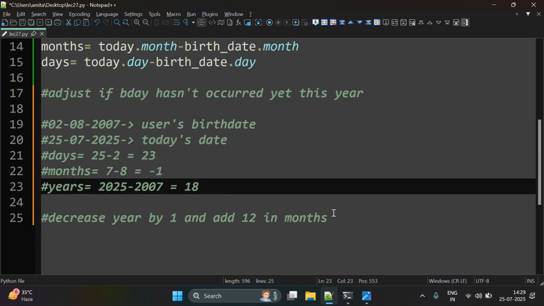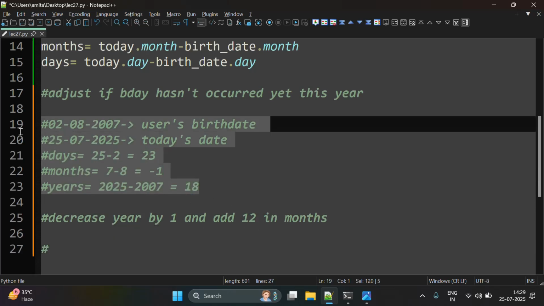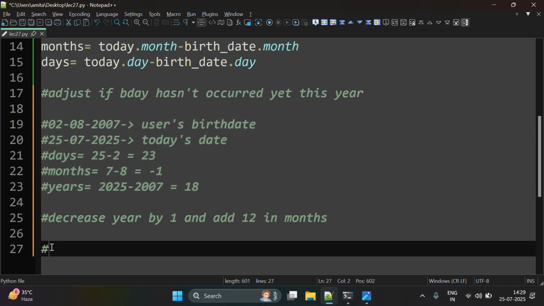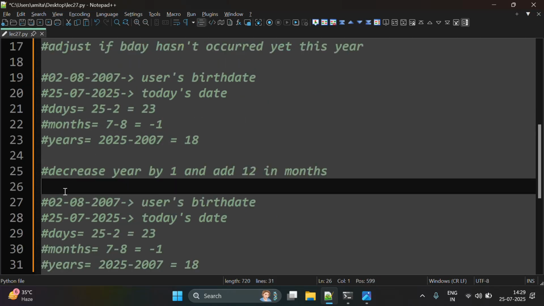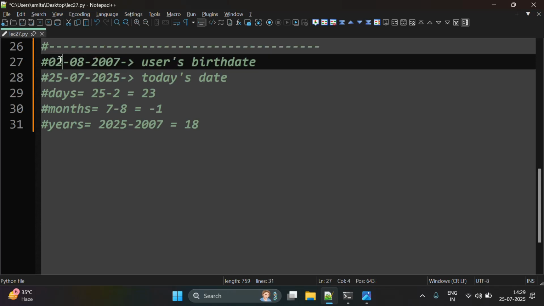Now let us take one more example, and we can just copy this. Say a date like 31st August 2007.